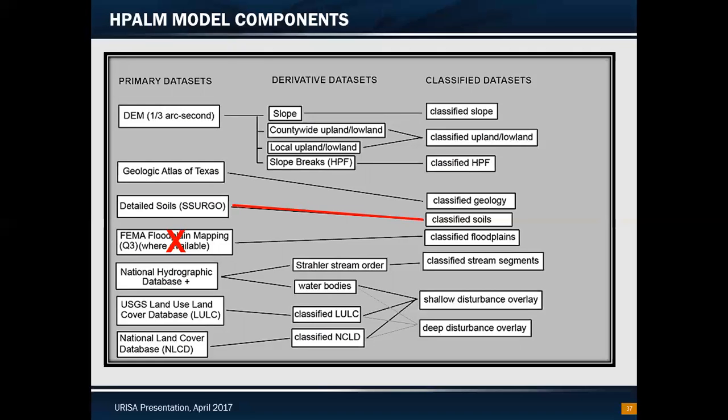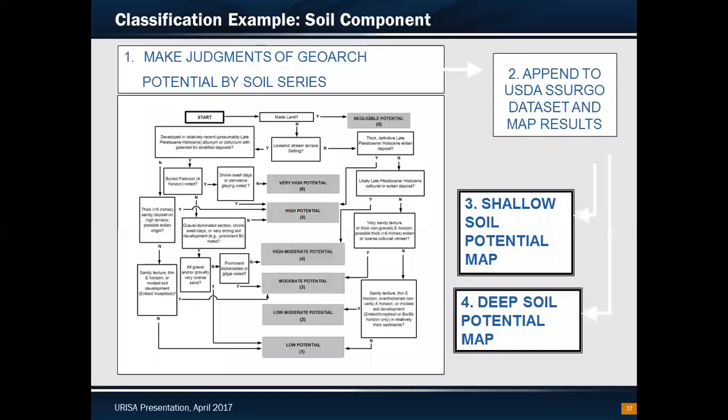And then to give you a little bit more of a window into it, the red line, the soils, this shows you the process of classifying the soils. Moving through, once again, just shows you that there's a regimented process.